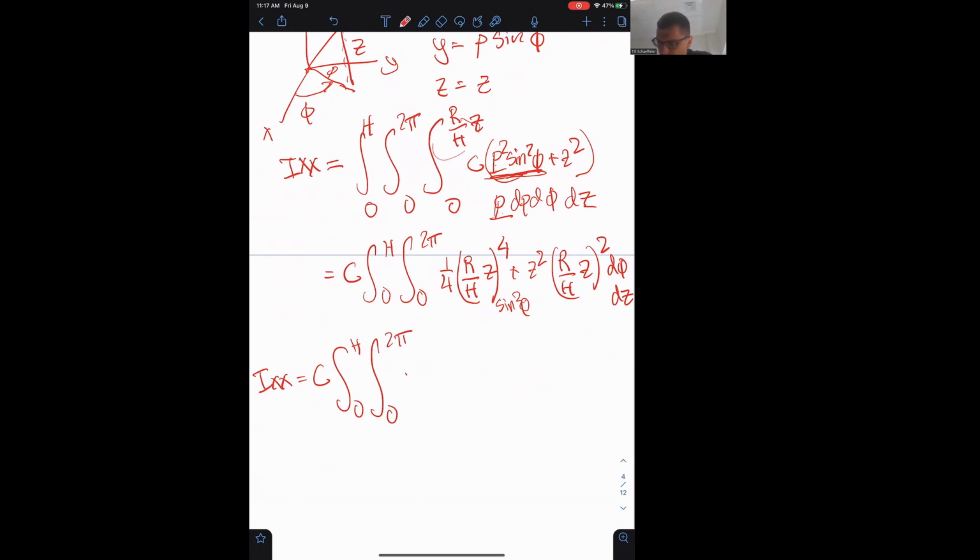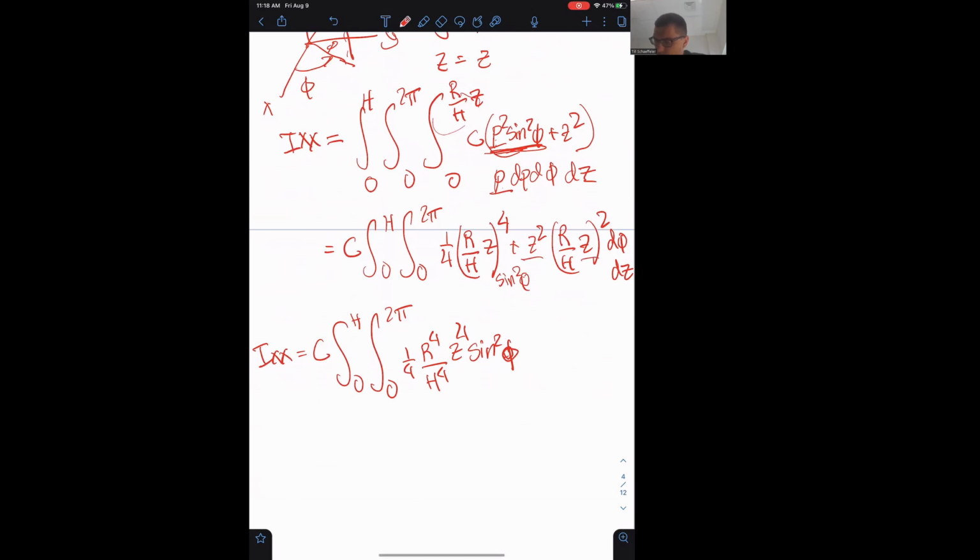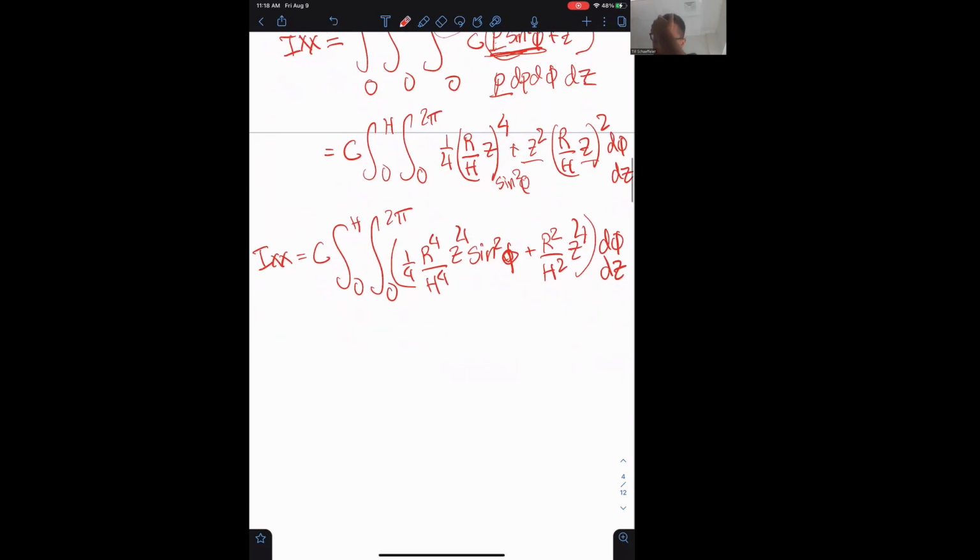We have 1/4 r to the fourth divided by h to the fourth times z to the fourth times sine squared phi, plus we have r squared h squared z to the fourth, and this one has no phi dependence, d phi dz.